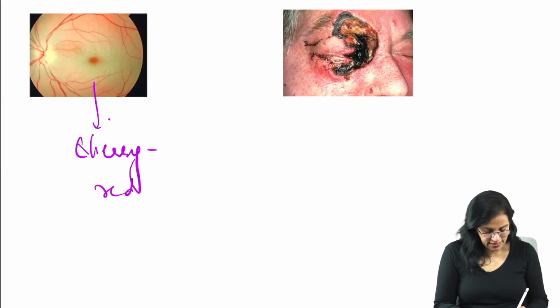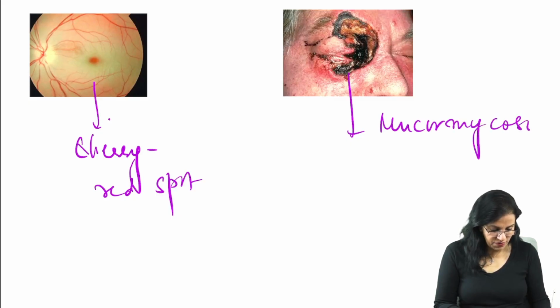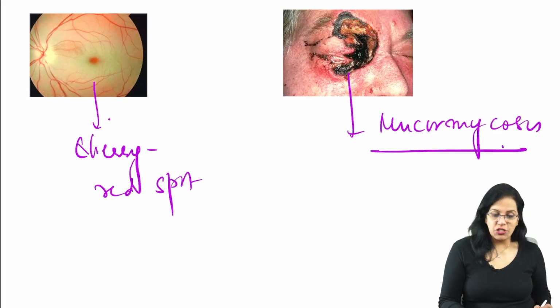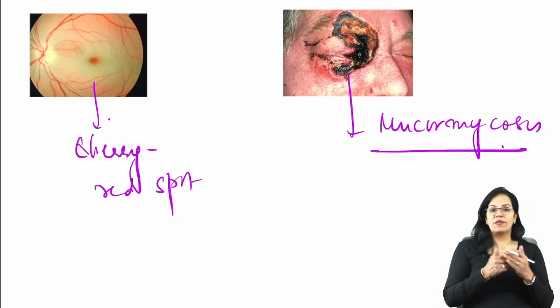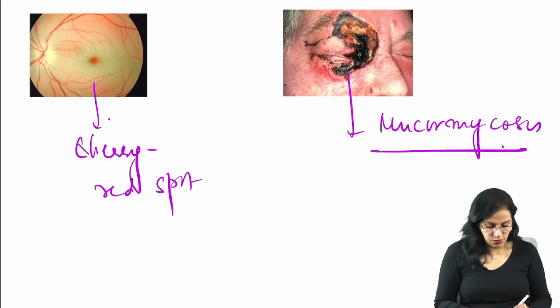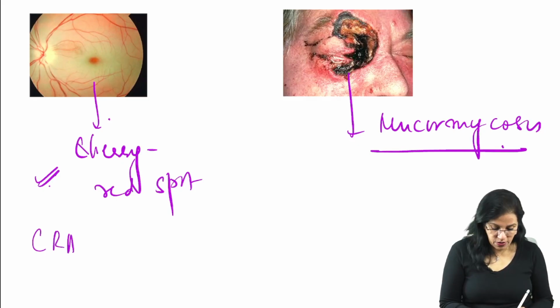And the second slide we are showing is mucormycosis. So what are we looking at? What are we talking about? COVID-19. So in any COVID infection, the most common ocular manifestation is follicular conjunctivitis, but COVID can lead to serious involvements like central retinal artery occlusion.